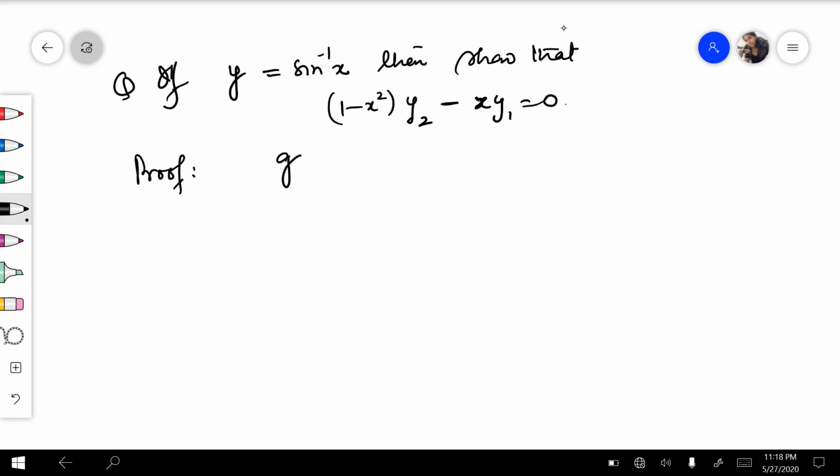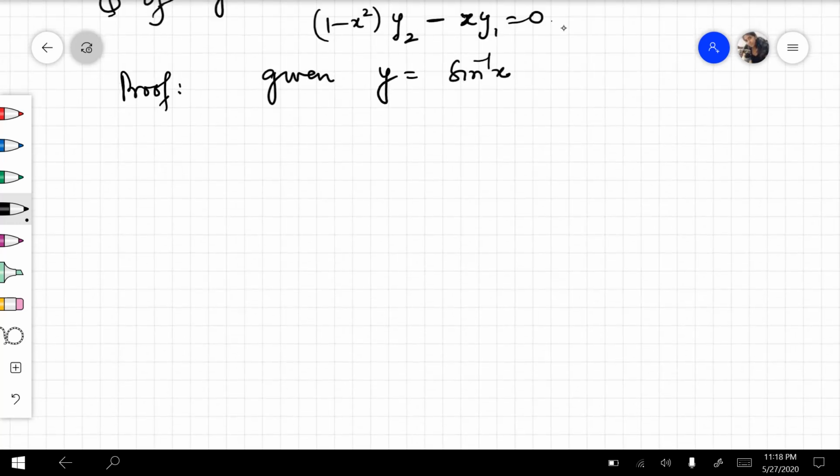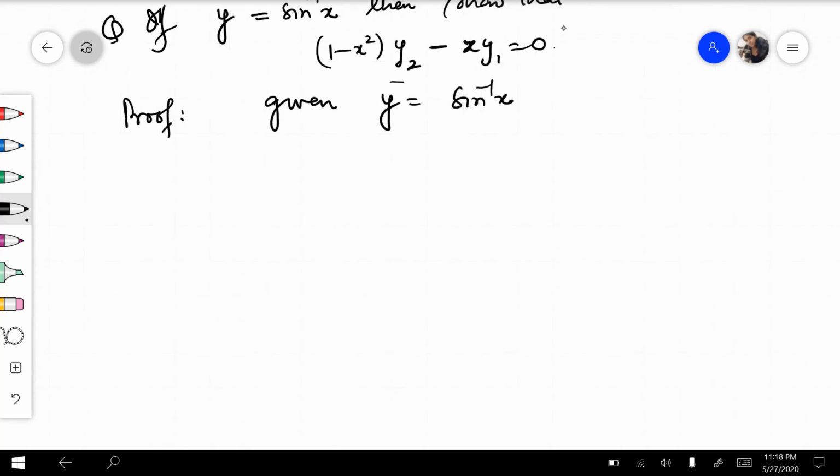we are given that y is equal to sine inverse of x. Since y2 means d2y upon dx square and y1 means dy upon dx, here we need to determine the values of dy by dx and d2y upon dx square.